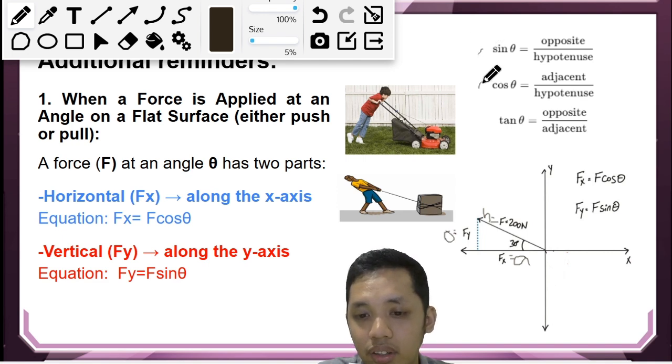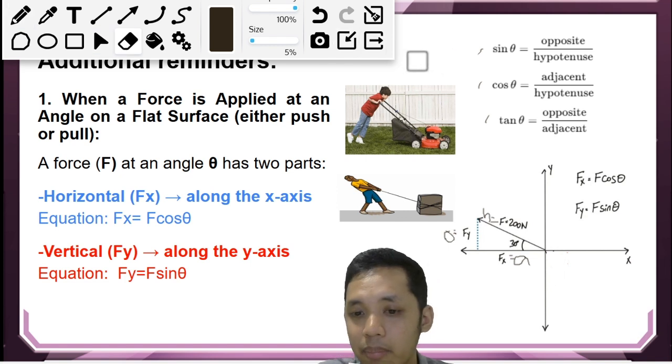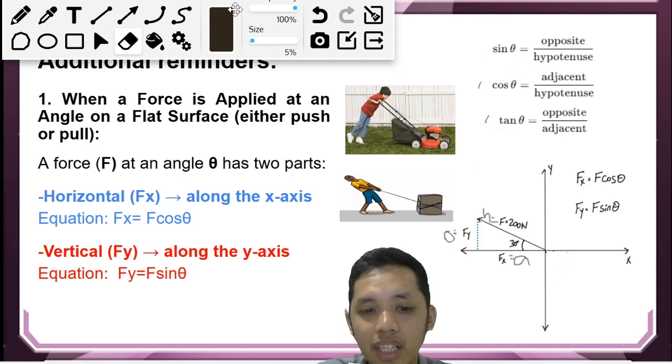Sine, cosine, or tangent? Okay. Among them, the functions that have the adjacent sides are only cosine and tangent. So we remove, in our choices, sine. Okay?